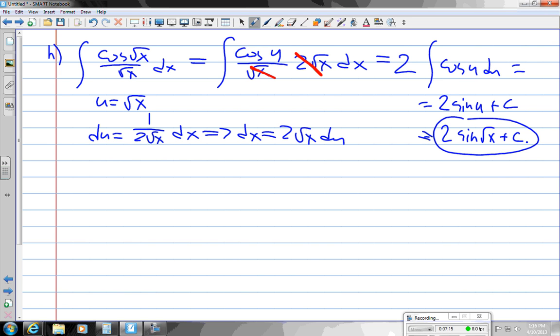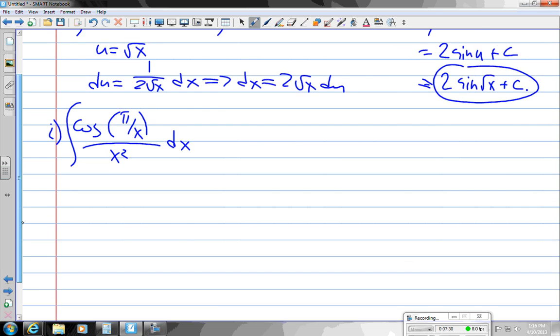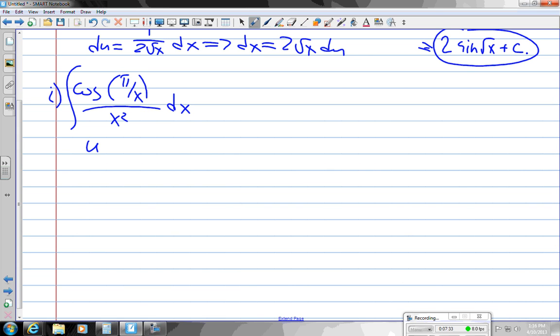Yes? So same thing with the next problem. The next problem, we have cosine of pi over x squared, trying to integrate that. So the same story, let u equal the inside function, then du is the derivative of that dx. So that's our x squared in the denominator.